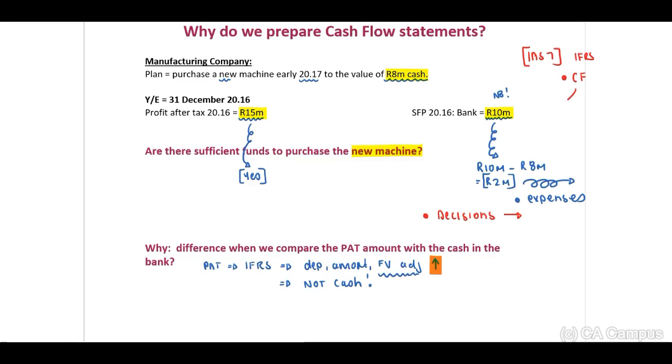Now, if this is a financing entity, meaning guys in our banking industry, or if this is a manufacturing entity, it does not matter the type of industry. All entities have to prepare cash flow statements for decision-making purposes.